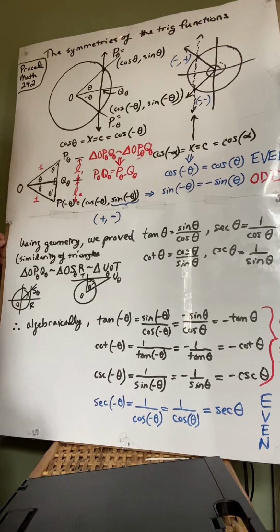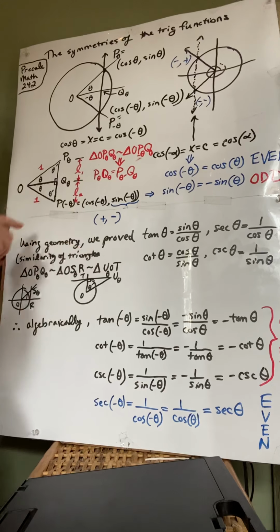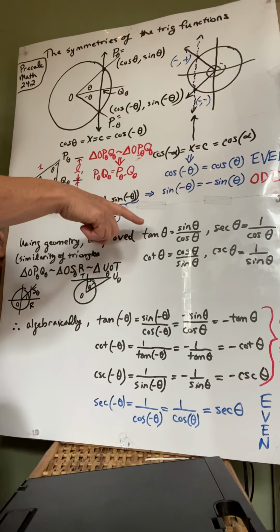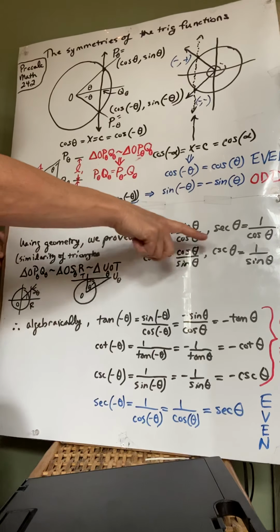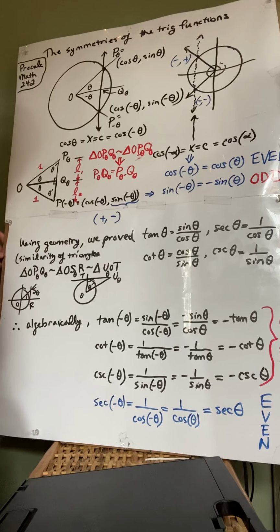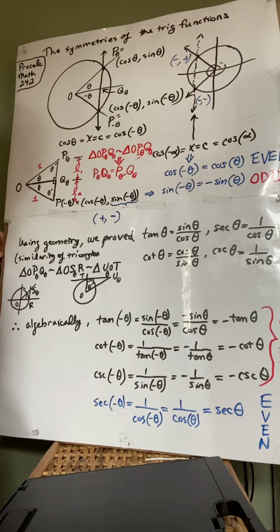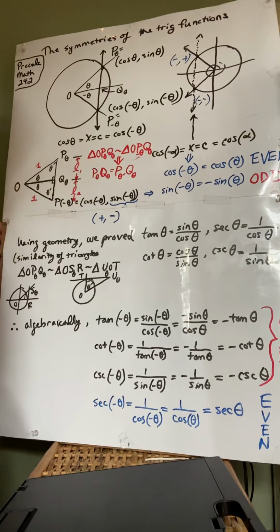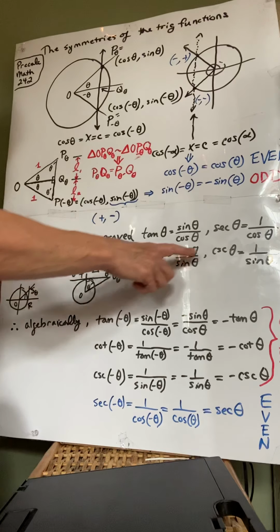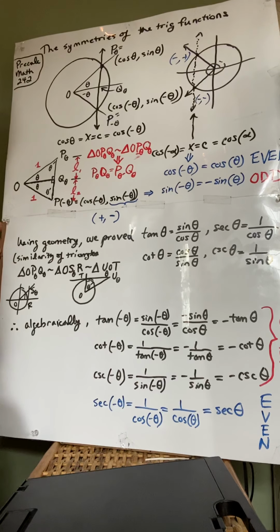There we go. All right, so now recall that using geometry, we had established these identities. Well, the book calls them identities. I call them definitions of those, for calculus students, of the tan, the secant, the cotangent, and the cosecant functions.